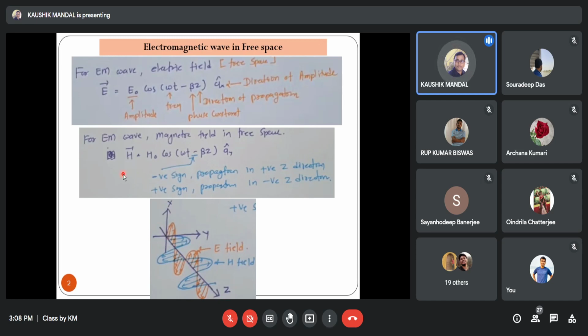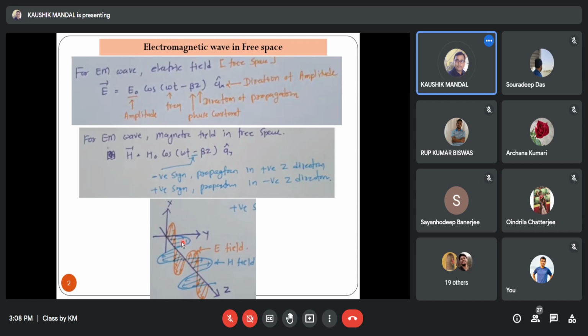As per our equations, we have considered the x component of the electric field. So this orange plot represents the electric field, which is along the x-axis, and it is propagating in the z direction. Next, as per the equation of the magnetic field, we have considered the y component.